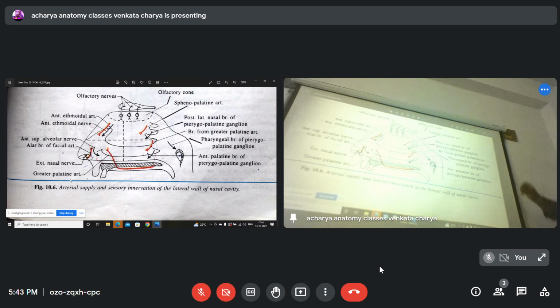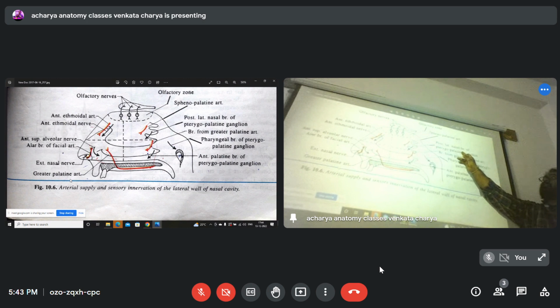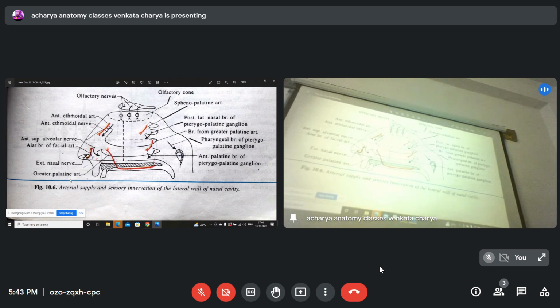Next, posterior lateral nasal branch of pterygopalatine ganglion. Okay, next, posterior inferior quadrant.